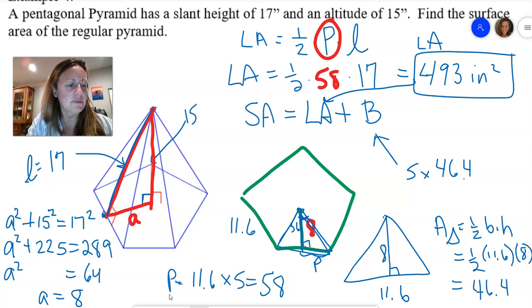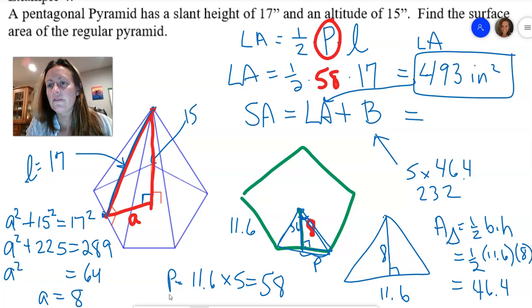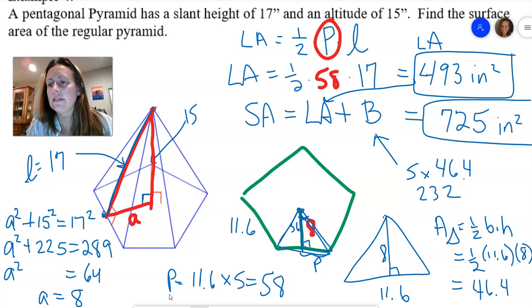Okay, 5 times 46.4 is 232. So if I add 493 plus 232, I get a total of 725 inches squared. Nice and neat. I love that. Even though this was kind of a complex problem, the surface area came out to a nice, neat 725. Okay.